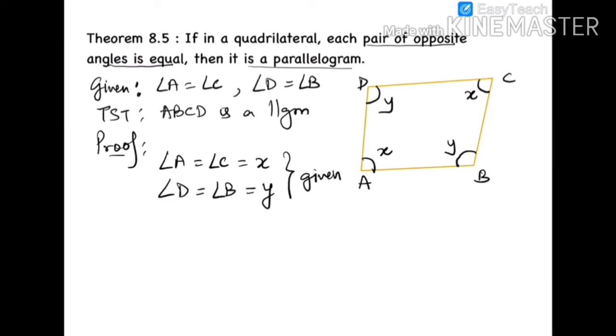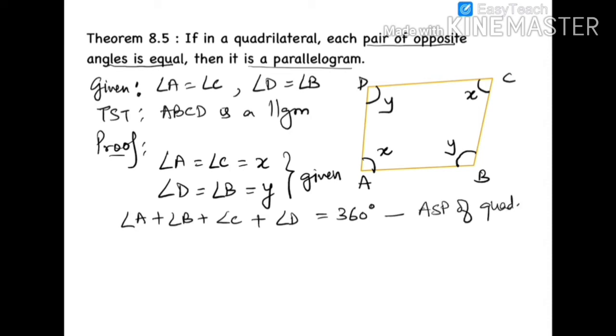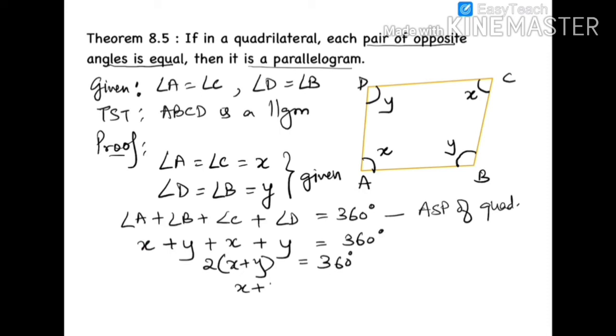We know that the angle sum property of a quadrilateral is 360 degrees. So angle A plus angle B plus angle C plus angle D is 360 degrees. But angle A is x, angle B is y, angle C is x and angle D is y. So on adding we get 2 times (x plus y) equal to 360 degrees. So x plus y is equal to 180 degrees.